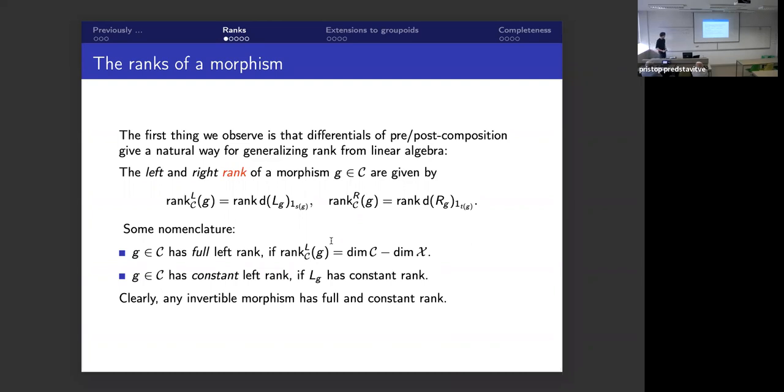This is just the same thing as in the Lie groups that we're all used to. And because L_G is a diffeomorphism, it is obviously going to hold that the left rank is full and constant, and the same holds for right rank.